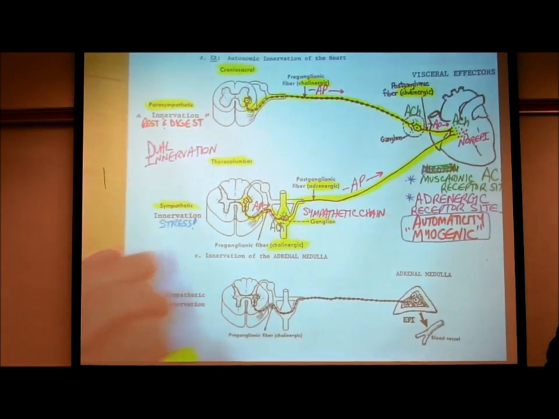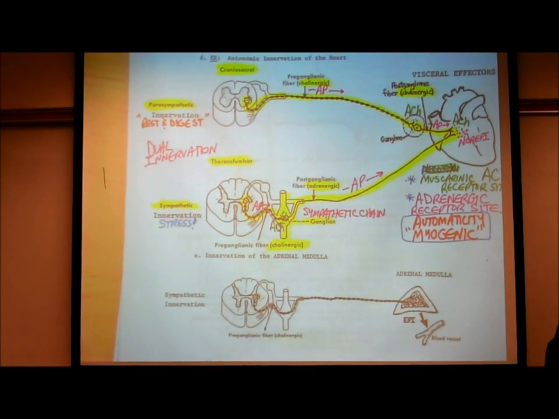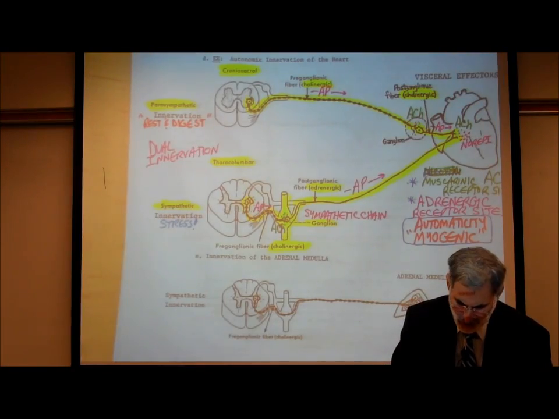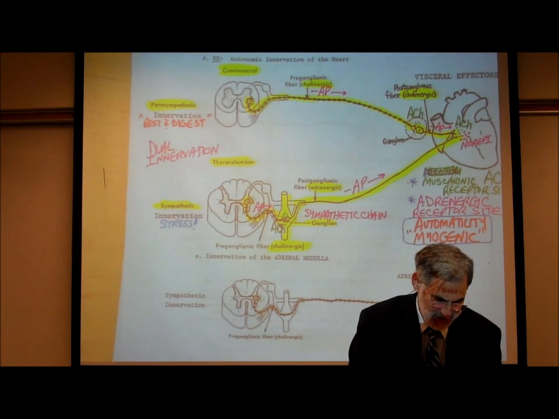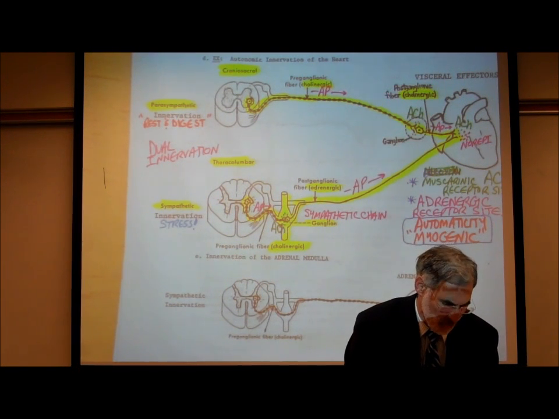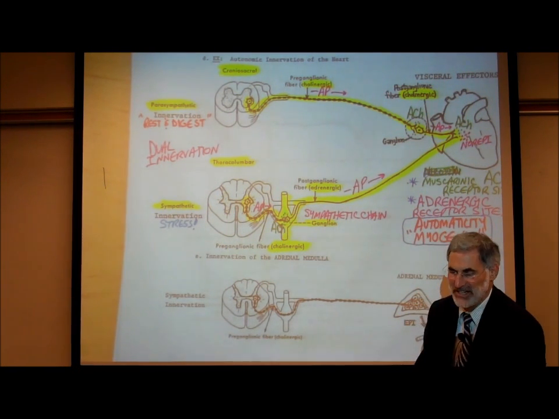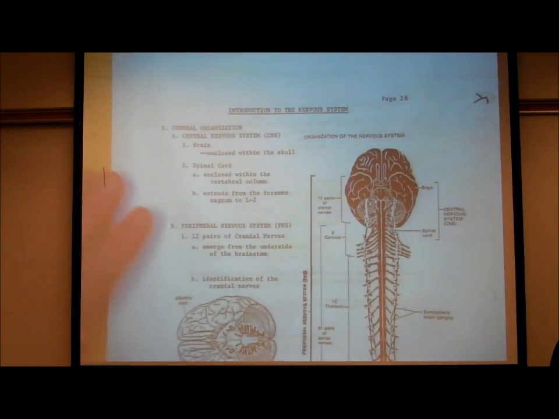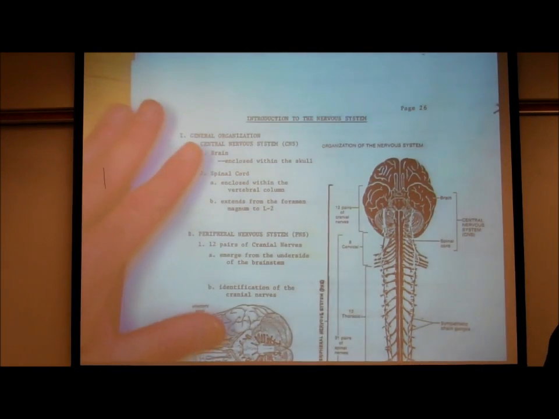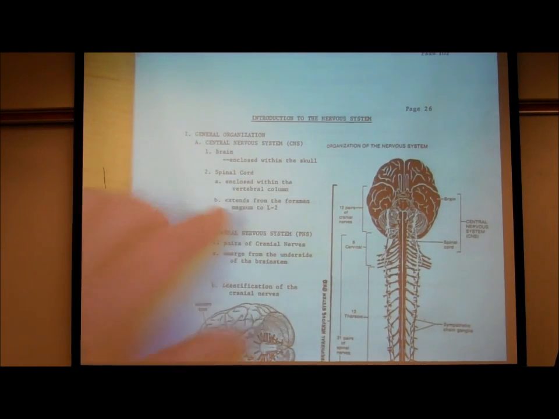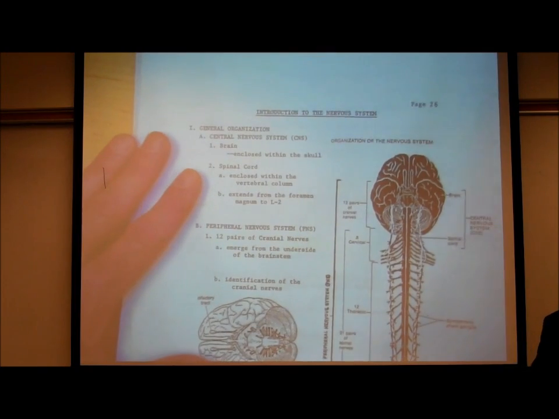And I want to show you just a couple more pictures of this. Okay, we're going to go all the way back to page 26. Page 26. And again, what I'm about to show you is not that important. It's really more anatomy than physiology. Just want to draw your attention. This is page 26. This was the very first page of the nervous system. This was our introduction of the nervous system.